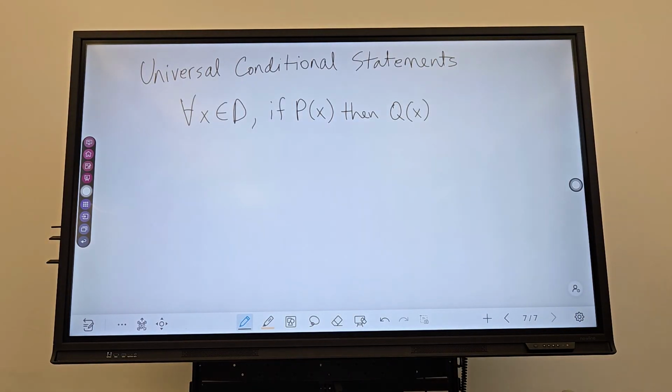Or you could use the arrow instead of the if-then, because it is a conditional.